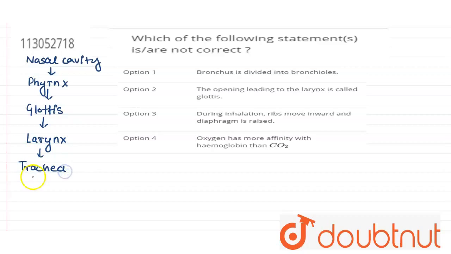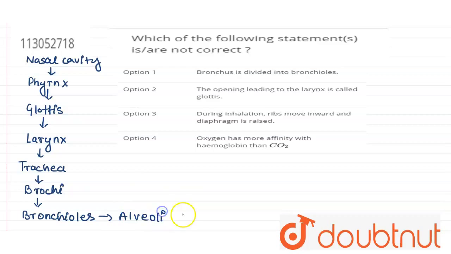From the trachea, the trachea divides into two bronchi. From the bronchi it goes into bronchioles. Bronchioles can be primary first, and then they divide into secondary bronchioles. These bronchioles after that divide further into the structural and functional unit of the lungs, which is known as alveoli.